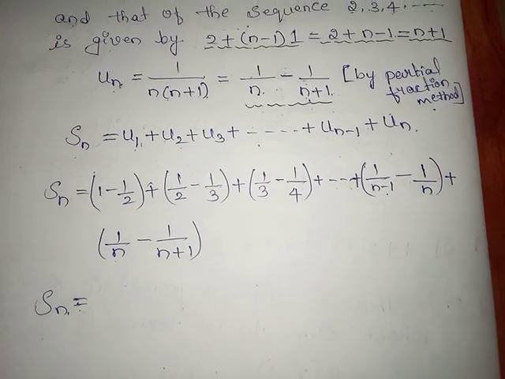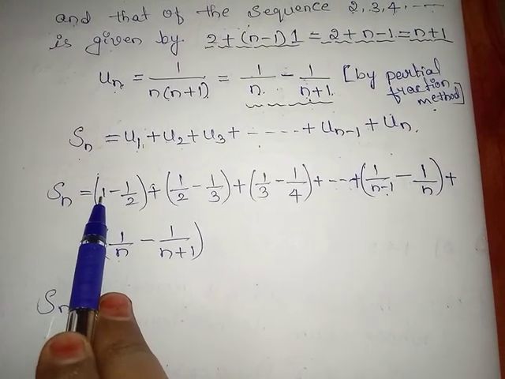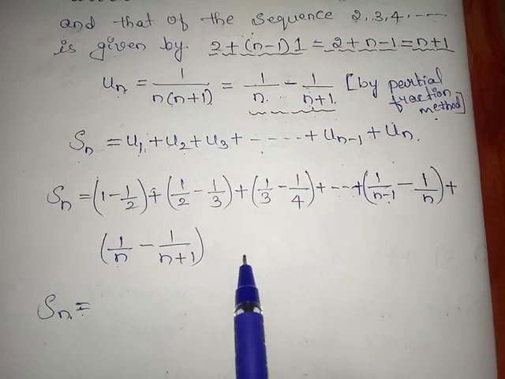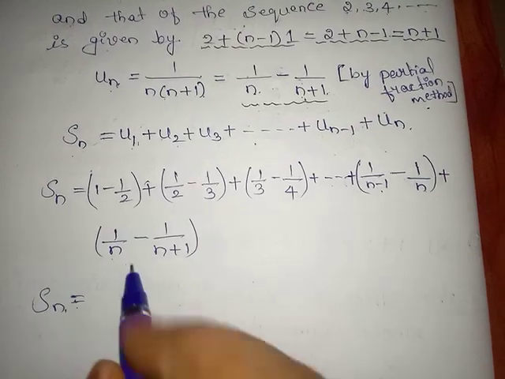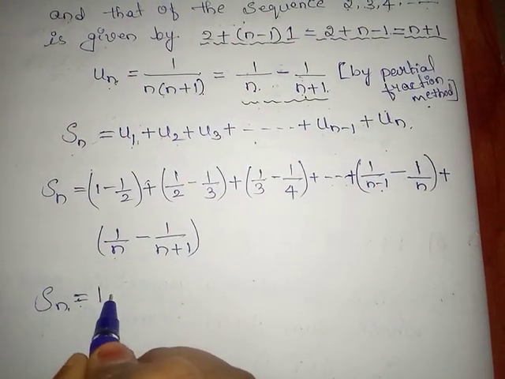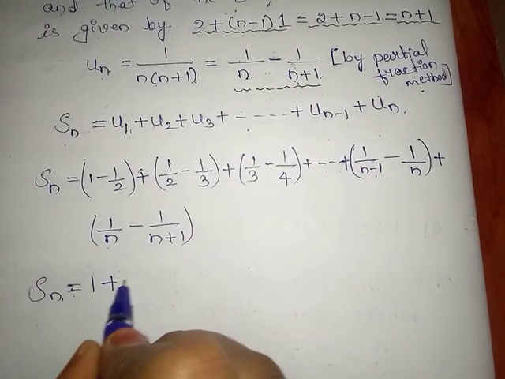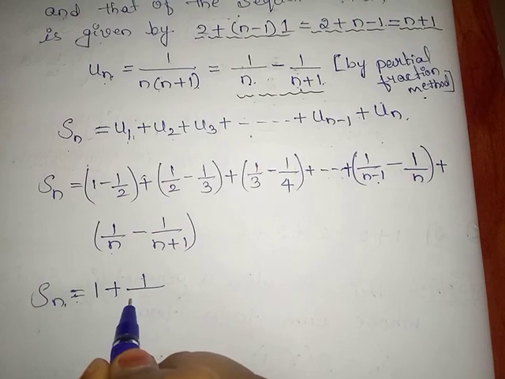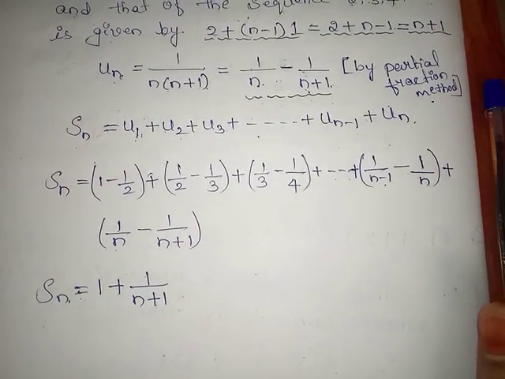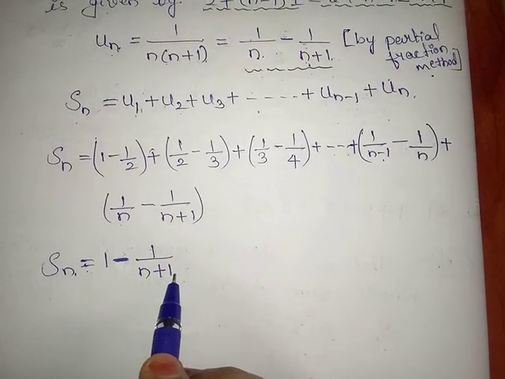The last terms, 1 is not cancelling here, and 1 divided by n plus 1 is also not cancelled with any other term, so at last we have 1 minus 1 by n, sorry, this is 1 minus, I will correct that one, 1 minus 1 by n, this is minus 1 minus 1 divided by n plus 1.